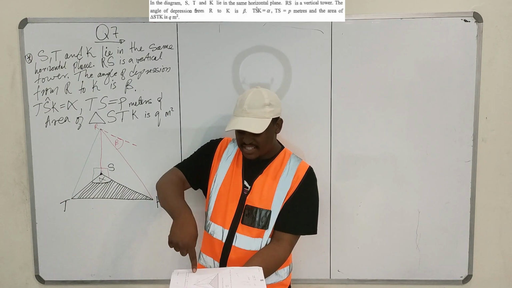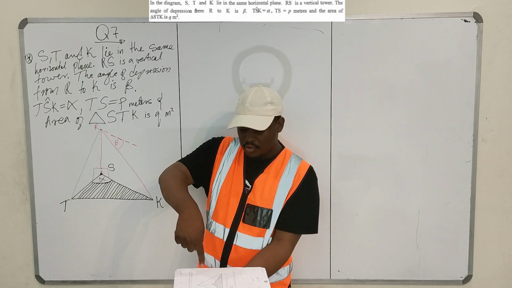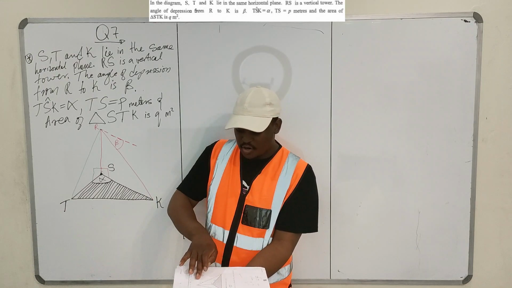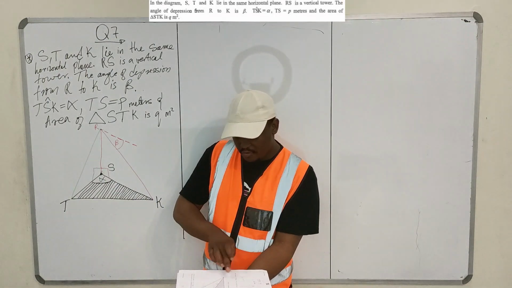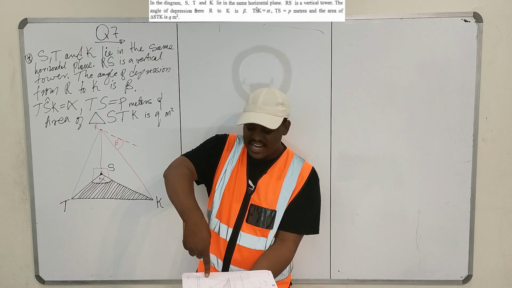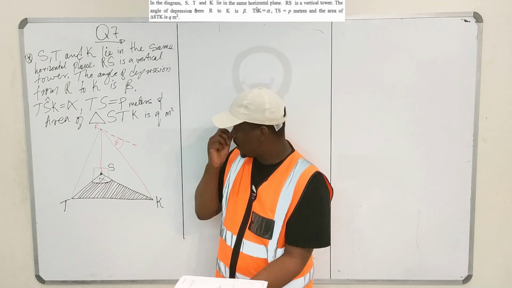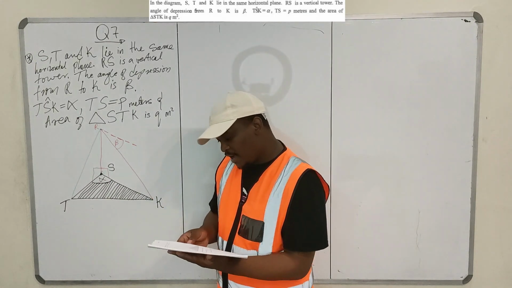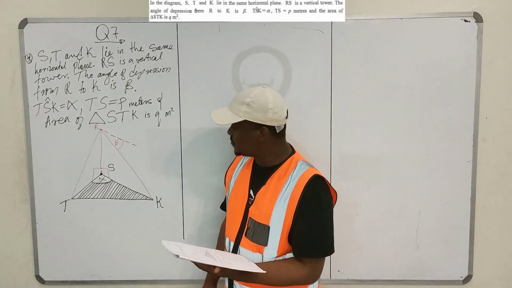They're saying now your RS is a vertical tower, sitting over S like this. So you have all your 3 points at the base of your triangle, T, K, and S. And here at S, we have a vertical tower, which is RS. That's what they're telling you. And then they say, the angle of depression from R to K is beta.